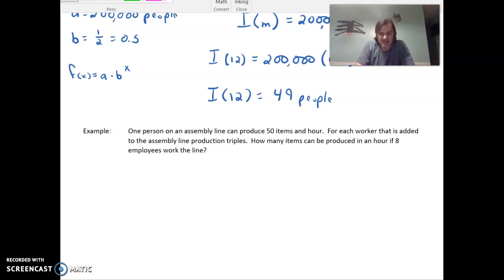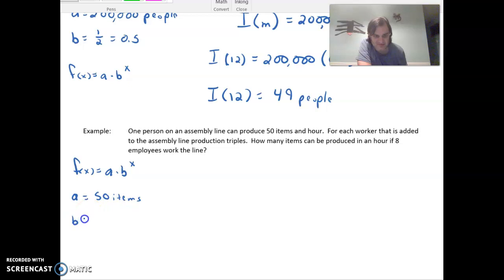How many items can be produced in an hour if 8 employees work the line? Let's see if we can write this out. Once again, we're going for f of x equals a times b to the x. The starting amount here is 50 items, and the ratio, or the multiplier, is tripling, so 3.